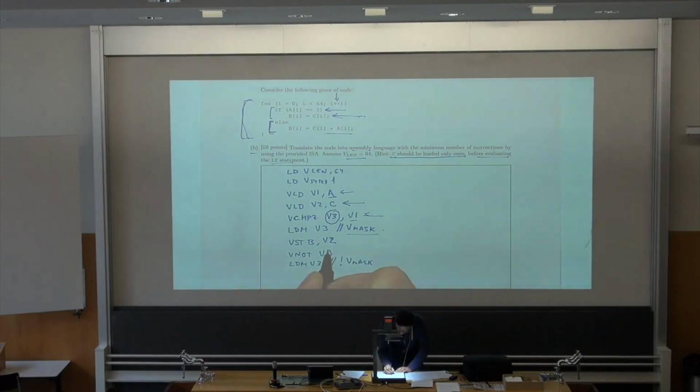One thing to keep in mind here, observe that this instruction is not subject to the vector mask. So we are considering that all the lanes of the vector are going to execute this.